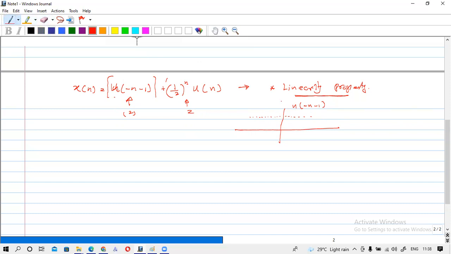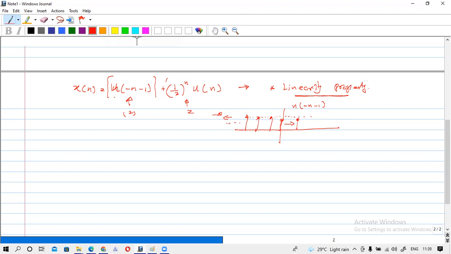And how does it look? You can see that it is first time reversed. Time reversed means the normal u of n is on this side, so u of minus n should be on this side, like this, up to minus infinity. Here it is again time shifted by 1. In the original, if you shift the time by minus 1, it will shift this way.